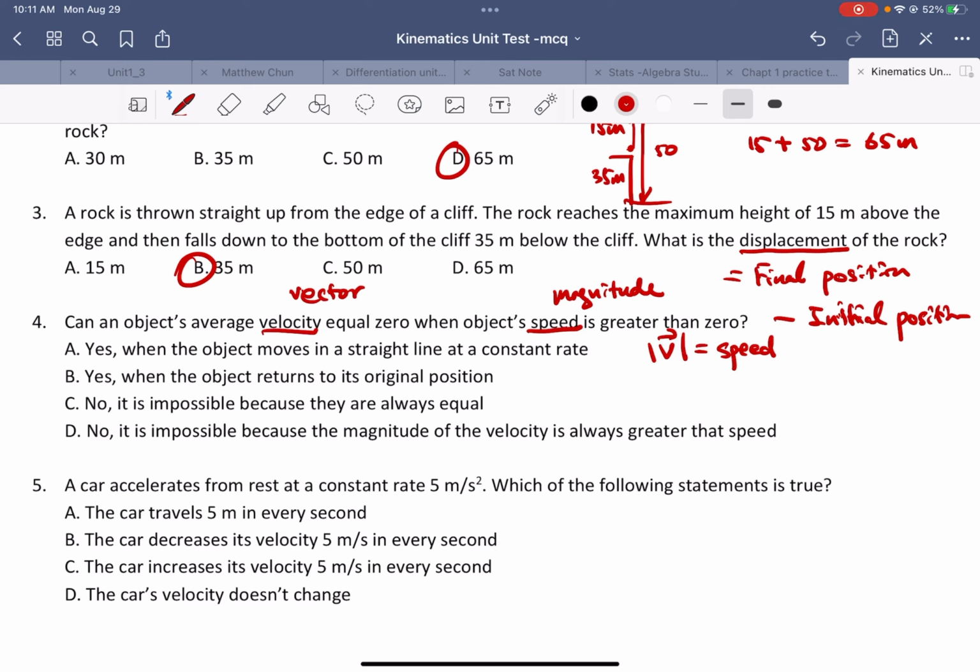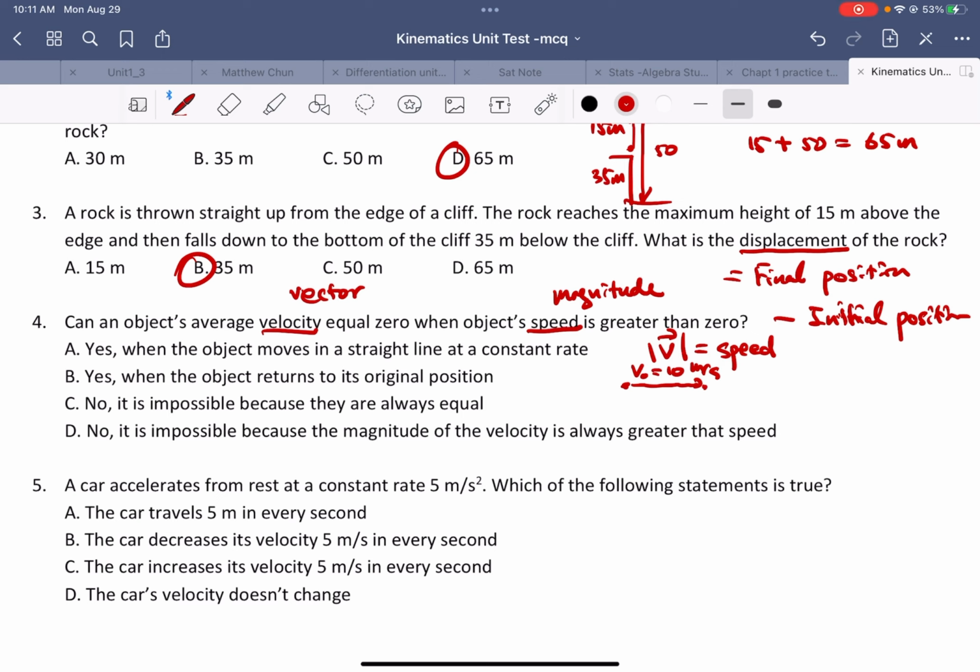Okay, so is that possible? The answer is yes, that's possible. So you can imagine, let's say this one is going to the right here. Let's say the initial velocity was 10 meters per second. Positive means positive velocity going to the right, and negative velocity is going to the left.